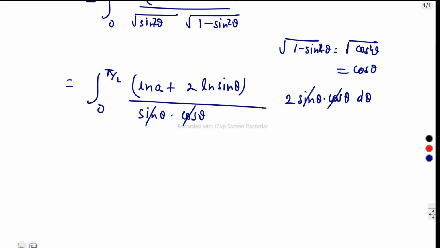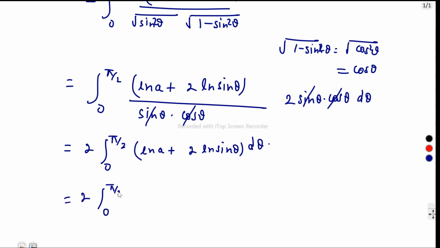Again our definite integration changes to 2 times integral from 0 to pi over 2 of natural log of a plus 2 times natural log of sine theta d theta. Again we can write this integral as 2 times integral from 0 to pi over 2 of natural log of a d theta plus 4 times integral from 0 to pi over 2 of natural log of sine theta d theta.